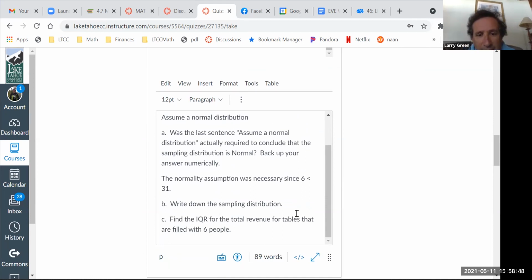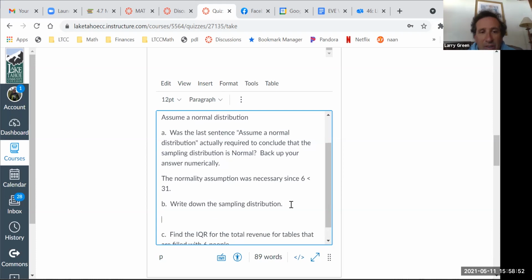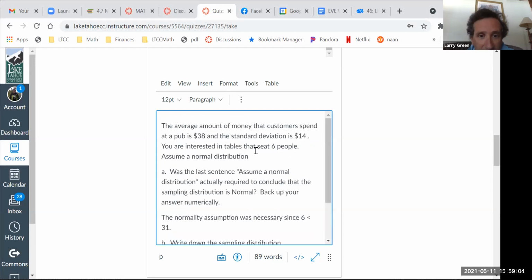Part B is write down the sampling distribution. So first thing, what symbol are we talking about for this example? So the key, let's read the question. You're interested in tables that seat 6 people. Okay.